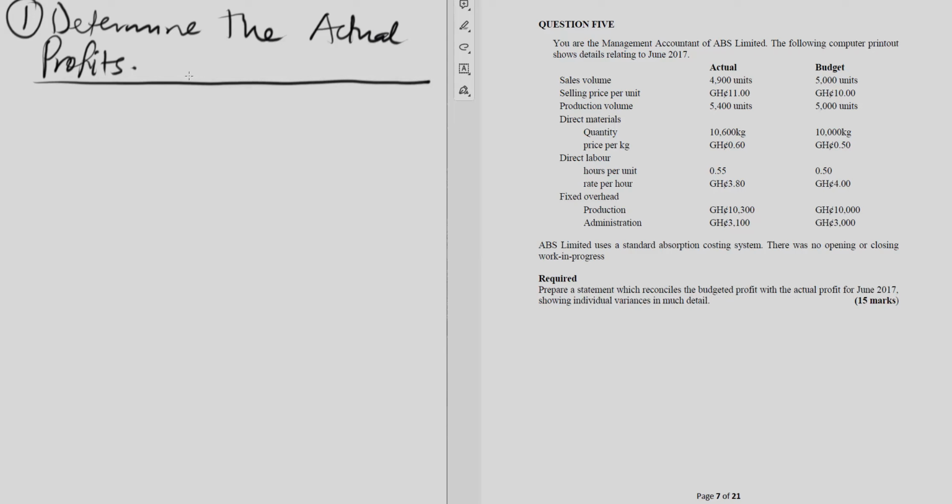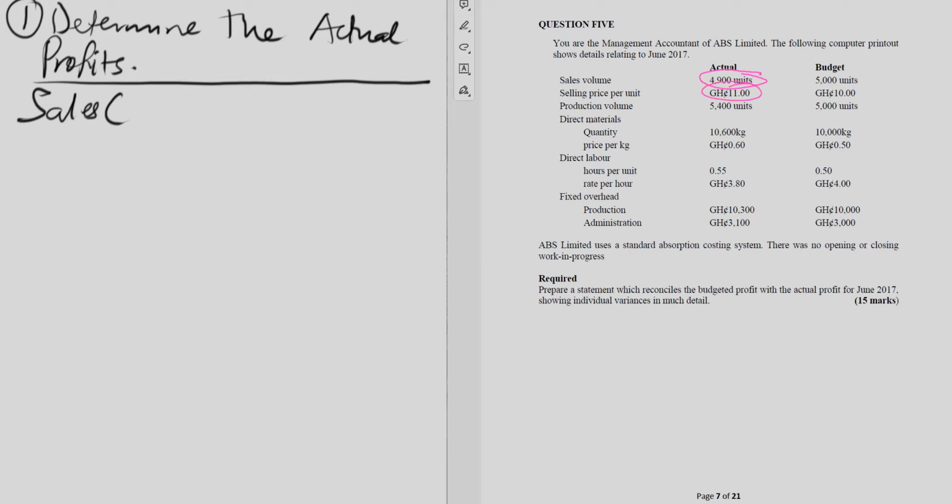So if you want to get your actual profit, I will start with my actual sales. When you look at the data that is given, they've given us our actual sales units, that is 4,900, and the selling price per unit being 11.